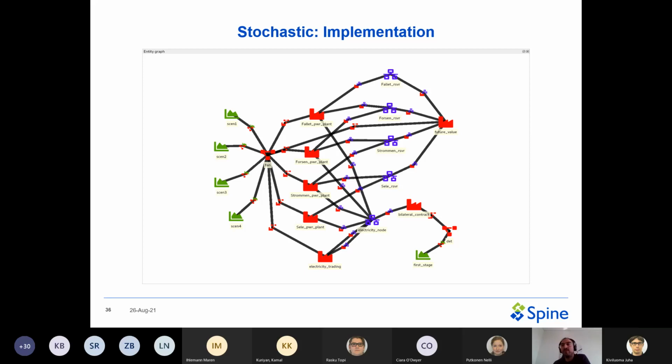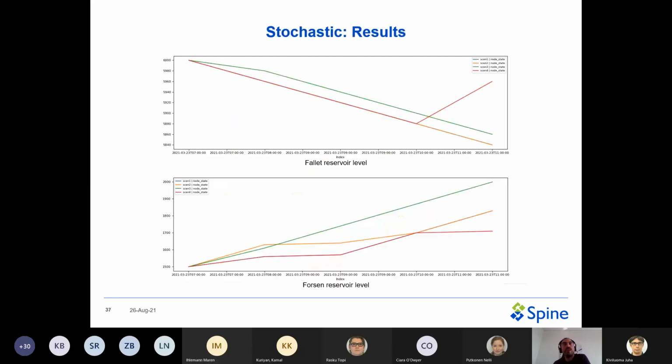So we can solve this with SpineOpt, of course, and we can get trajectories. This is why I was warning you that this is not very impressive, but we see. What we see here is the reservoir level for 2 of the power plants over time, and also for the different scenarios.